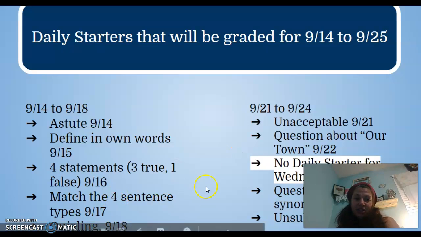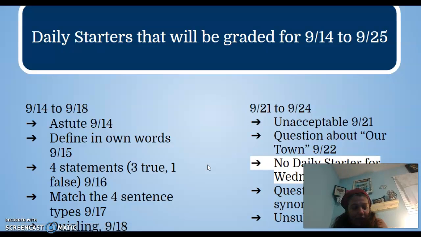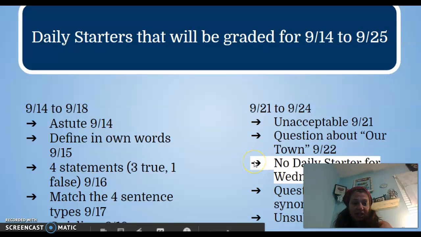So what you need to do is, there will be 9 daily starters that will be graded. You need to make sure you've met all the requirements that are asked in each daily starter.